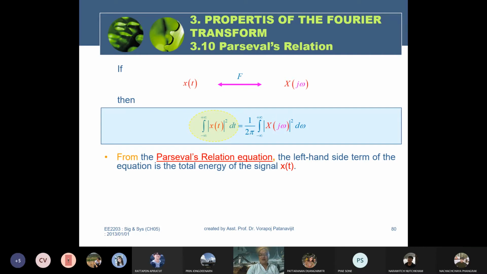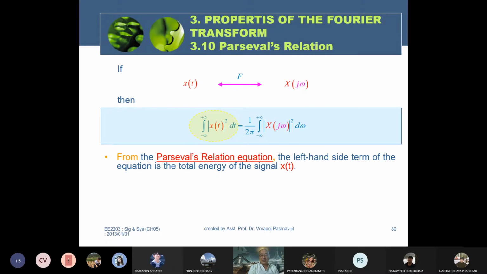If the Fourier transform of x(t) is X(ω), then if you take the square and integrate, you find the total power or energy in time, which equals the square in the frequency domain integrated over the whole range. It means the power in time must equal the power in frequency.